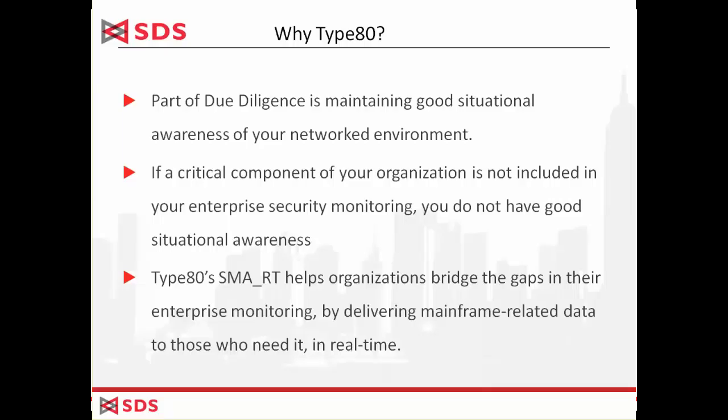From my perspective, part of real due diligence is maintaining that situational awareness of your environment. If you don't know or have the ability to monitor stuff going on in your own network, so many organizations only pay attention to things at their perimeters, but knowing what's going on in all of your various systems and consolidating all that data where you can actually run programs to look for alerts that are scattered across disparate systems, so you can see, hey, someone's trying to break into all of these different systems and it seems to be coming from the same workstation.